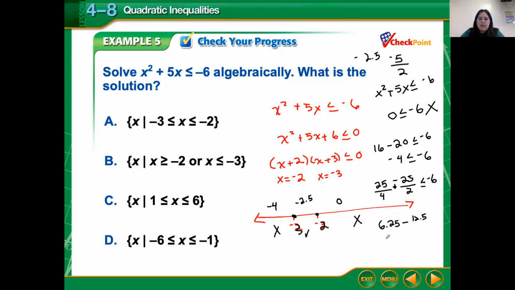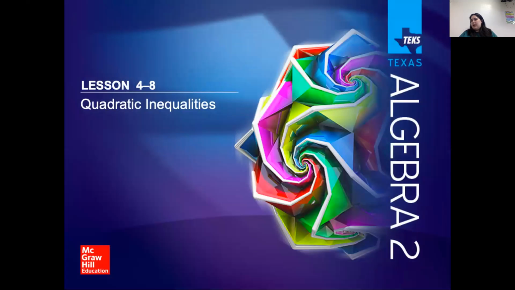And we get -6.25, which is less than -6. So that is why only the middle term works. And with that, we get A. That is the end of the notes, and I will see you next time.